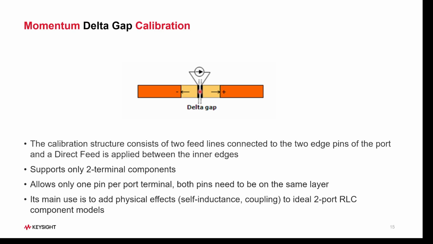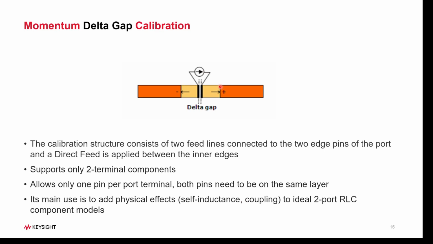If you don't have a physical resistor here, the effect of current going through this gap is not going to be modeled, and neither is the coupling of the current going through this gap with another component or other structure that might be in the vicinity. So essentially what this does is it adds the effect, which is self-inductance and coupling, to this gap, which is actually physically not there.